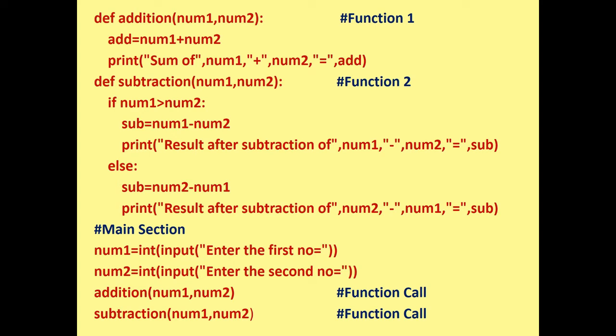Again, there is a def subtraction, which accepts two arguments and performs its activity: if num1 is greater than num2, they subtract num2 from num1, otherwise they subtract num1 from num2. And in the main section, again we ask the user to enter two numbers and perform two different function calls, because we want to display the addition as well as the subtraction.